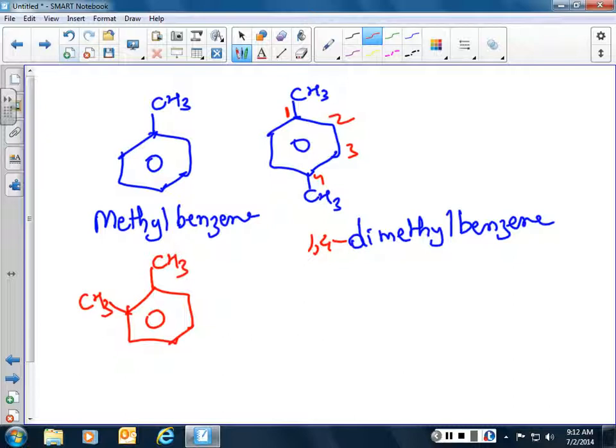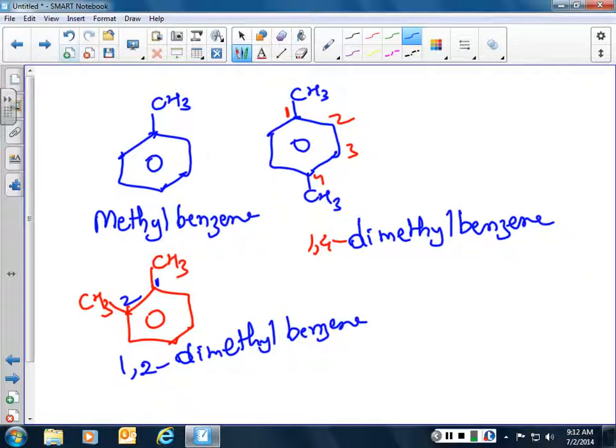Correct. Any branch, you could start with any one branch. 1,2-dimethyl benzene. Is this clear? Now let's do some more.